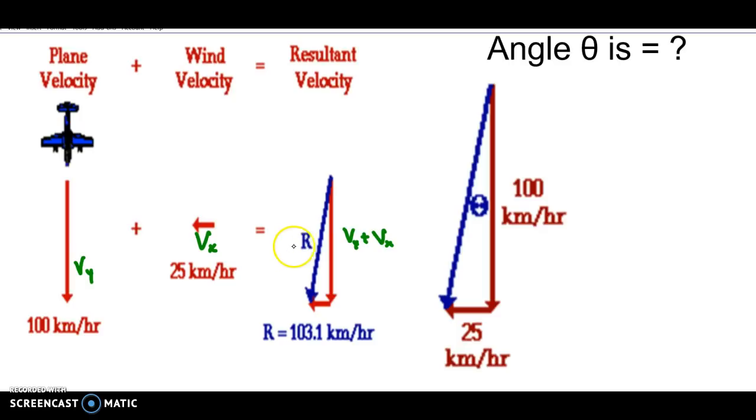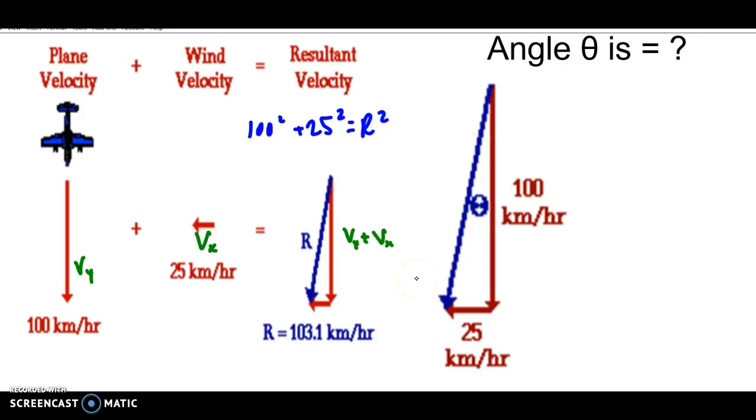Now, to find this resultant vector, because the vectors are at right angles to each other, in other words, perpendicular, we can use the Pythagorean theorem. So I could do 100 squared plus 25 squared to figure out what this r squared is. Okay? So we could do that to figure out what that is.